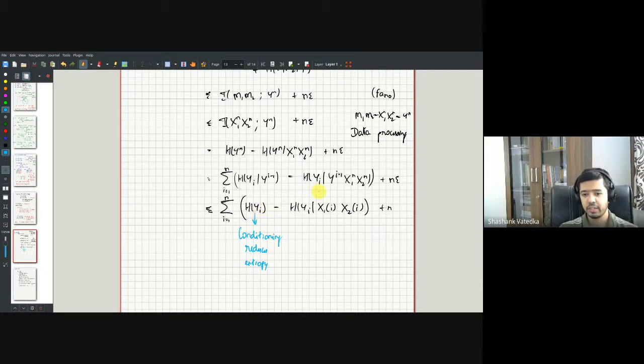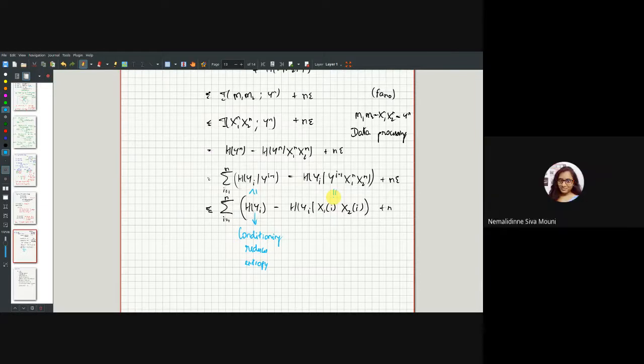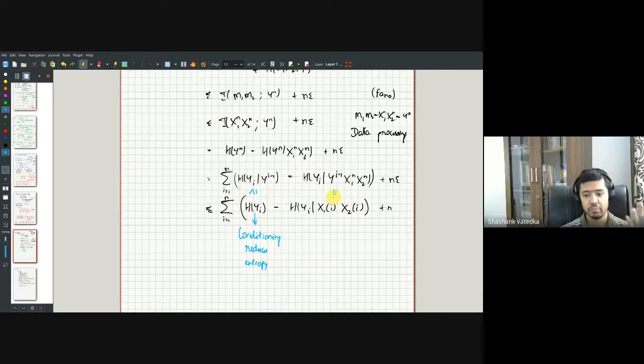So my claim is that this quantity is equal to this quantity. Can someone tell me why? Independent, because it's a memoryless channel.